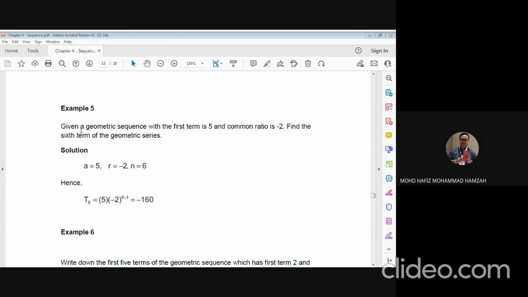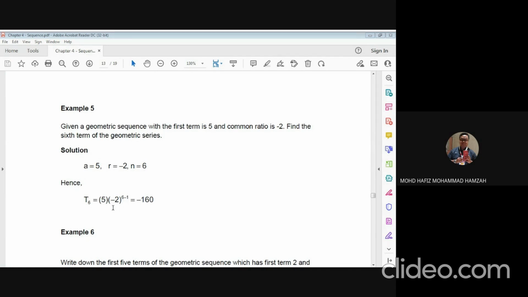So given a geometric sequence with the first term A equal to 5 and the common ratio R is negative 2. Find the sixth term. So sixth term mean you find n equal to 6. So guna formula A R to the power of n minus 1. So A 5, R negative 2, dan 6 tolak 1. Yang ni kena tekan kalkulator. You tak boleh buat 5 darab negatif 2 dulu.